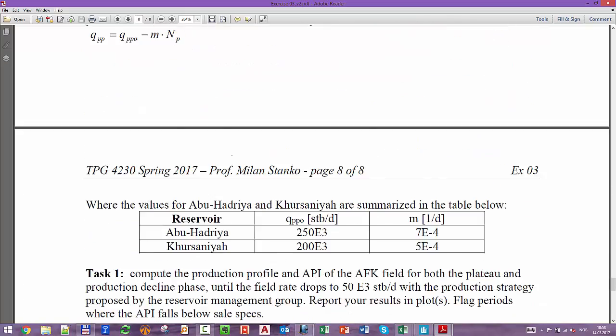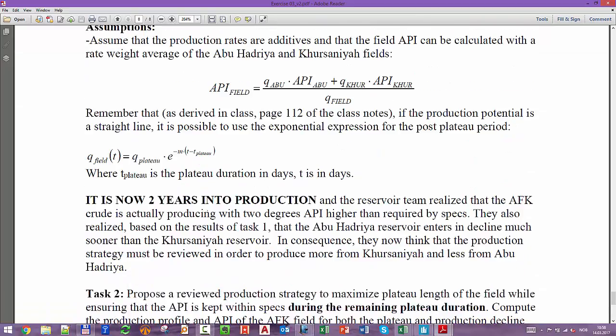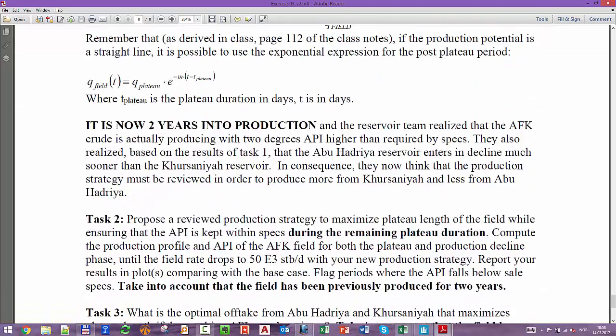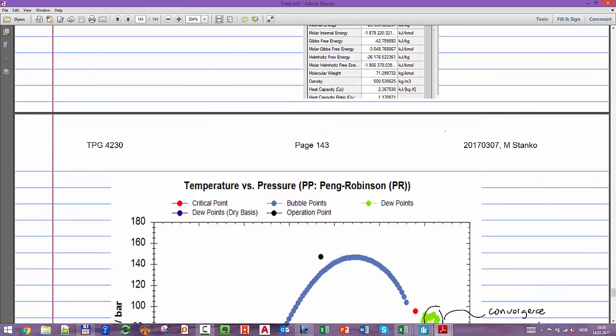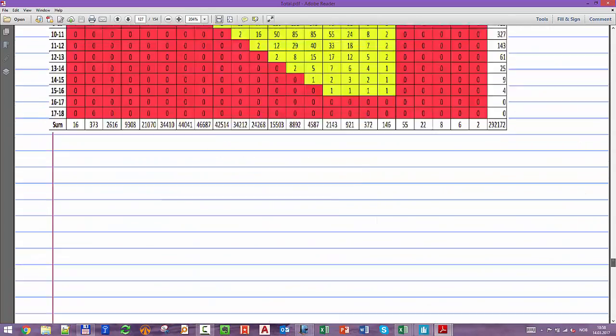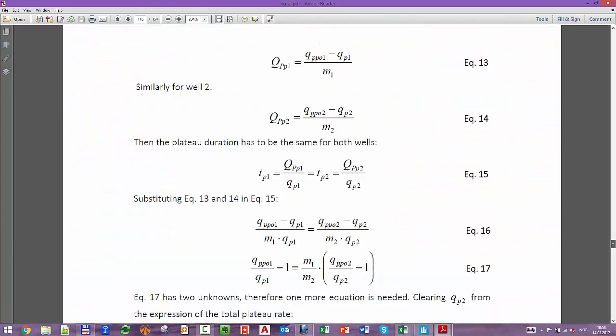I told you that you have to maximize plateau. You have to be sure that the plateau will be maximum for the full field, but also that it will fulfill the API restriction. If you go back in the classes, I think it's maybe 2 weeks ago, we have done the discussion.